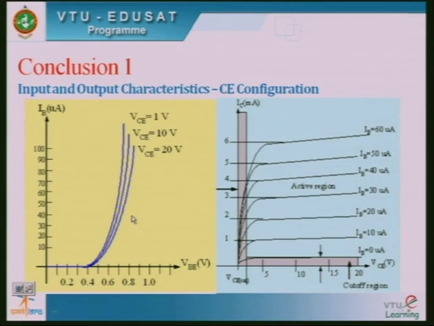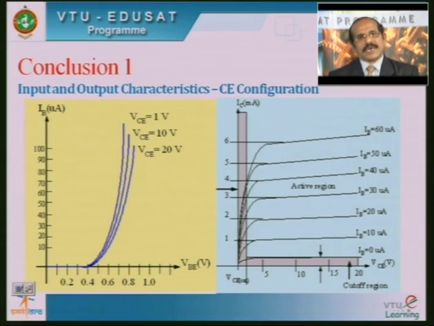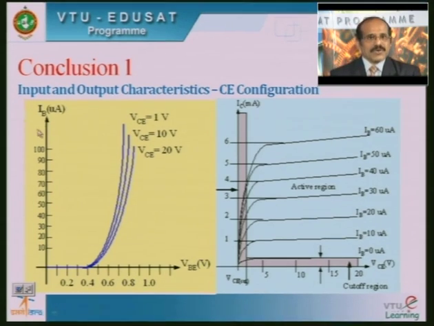Now let us conclude this particular session. Friends, we have studied and analyzed the input and output characteristics of CE configuration. The CE input characteristics are input voltage versus input current, that is VB versus IB, keeping output voltage constant. The input characteristics look almost similar to a forward biased PN junction.